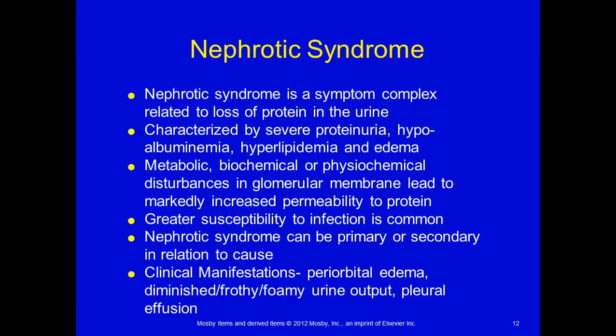So it technically is a glomerular nephritis, but it's more a conversation about a bunch of different symptoms, the symptom complex that you see with a lot of glomerular nephritis. So again, nephrotic syndrome is a symptom complex related to loss of protein in the urine, characterized by severe proteinuria and hypoalbuminemia.